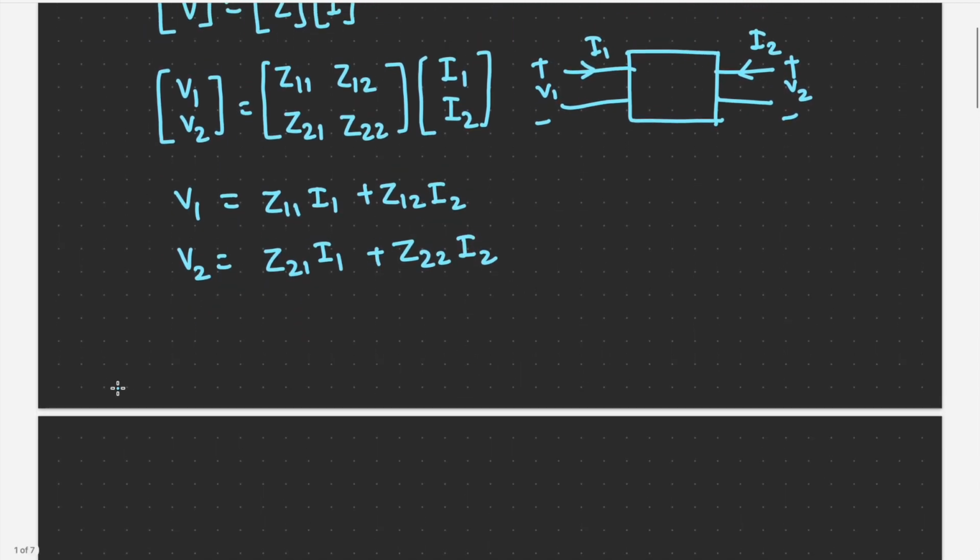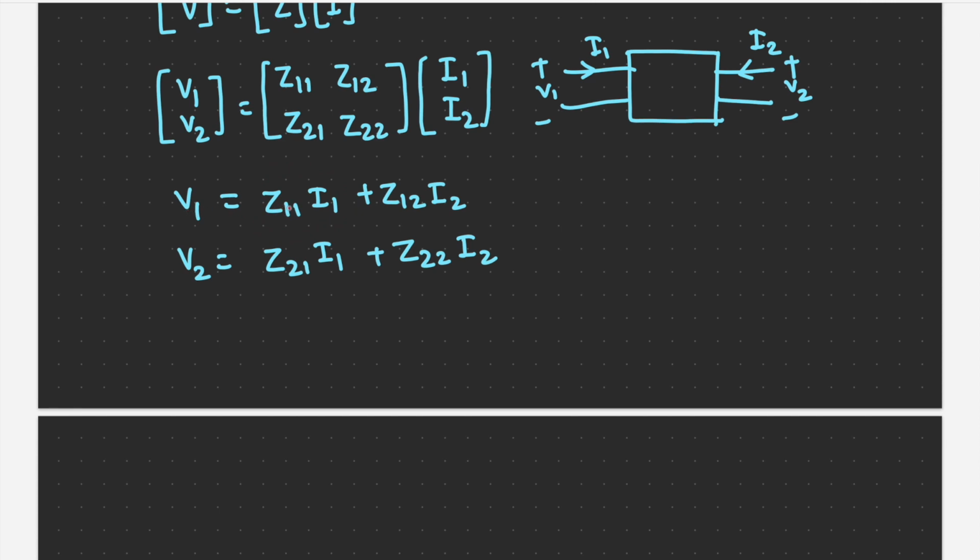To draw the equivalent circuit of this, we have to identify some portions of it. Here, this portion will be Z12 I2, which is a voltage source depending upon the I2 current, and this portion is Z11.